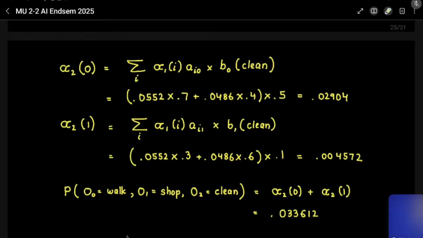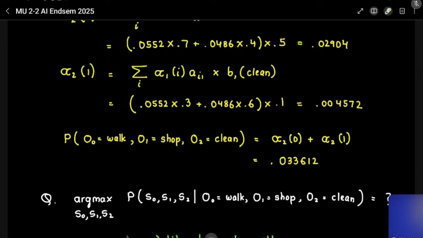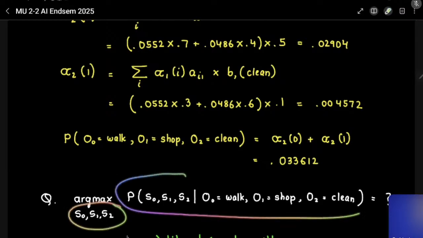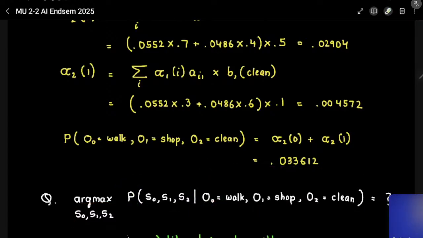The other question is the argmax question. What is the sequence of hidden states that will maximize the probability of the sequence of hidden states given a certain sequence of observations? Or in other words, what is the sequence of hidden states that most likely gave rise to this sequence of observations?